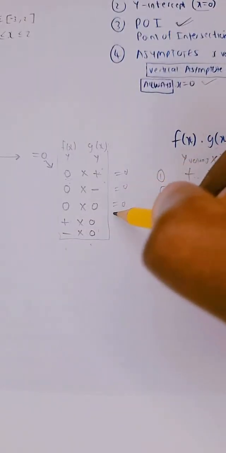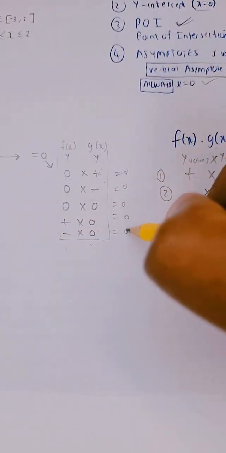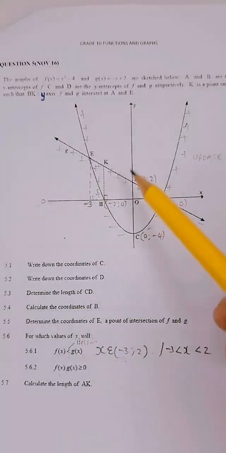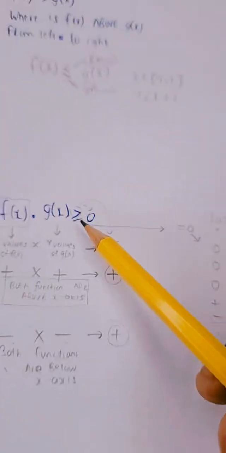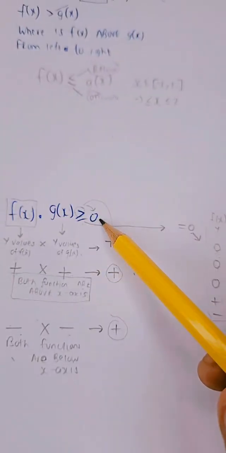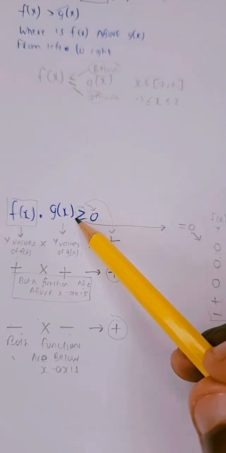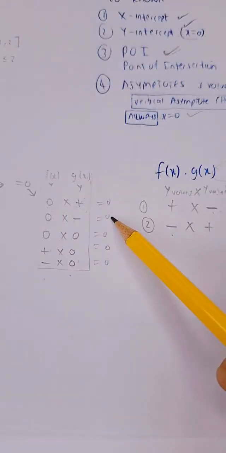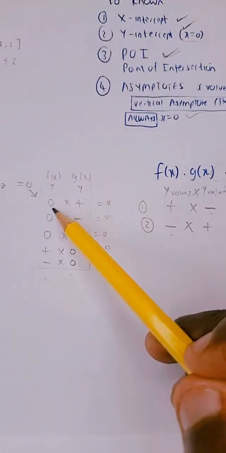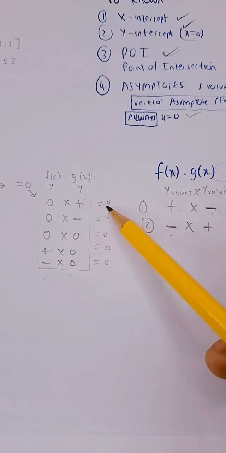That gives us 0. So we have answers. We have to include the negative 2. Why are we including it? Because we are also interested in the outcome of equal to 0. We're not looking at just greater than 0, which means positive, but we're looking at equal to 0, where the product gives us 0. The y of f of x is 0 whilst the y of g of x is positive.